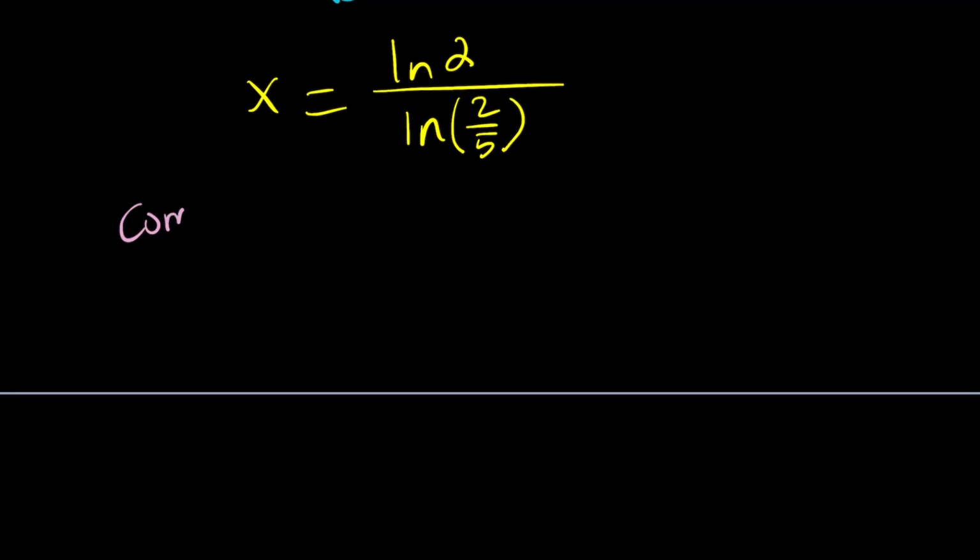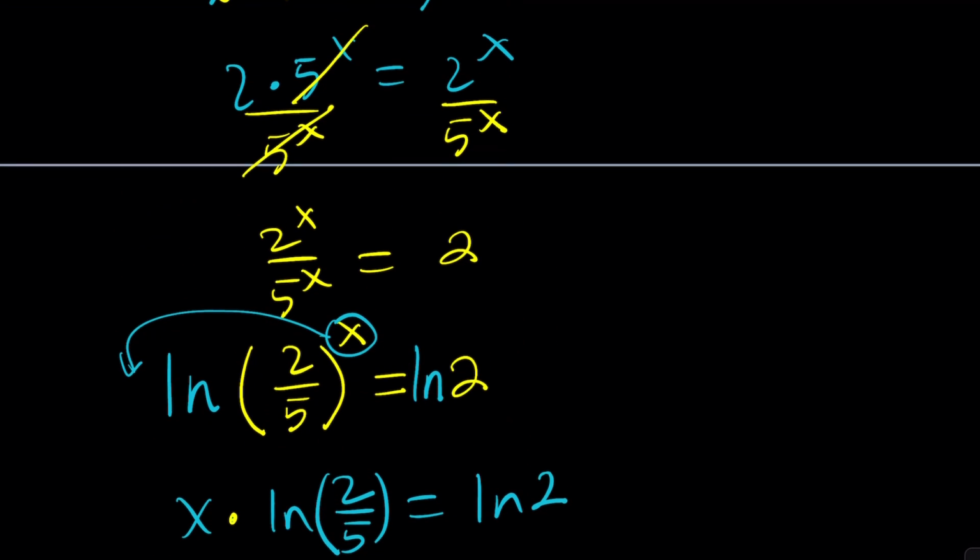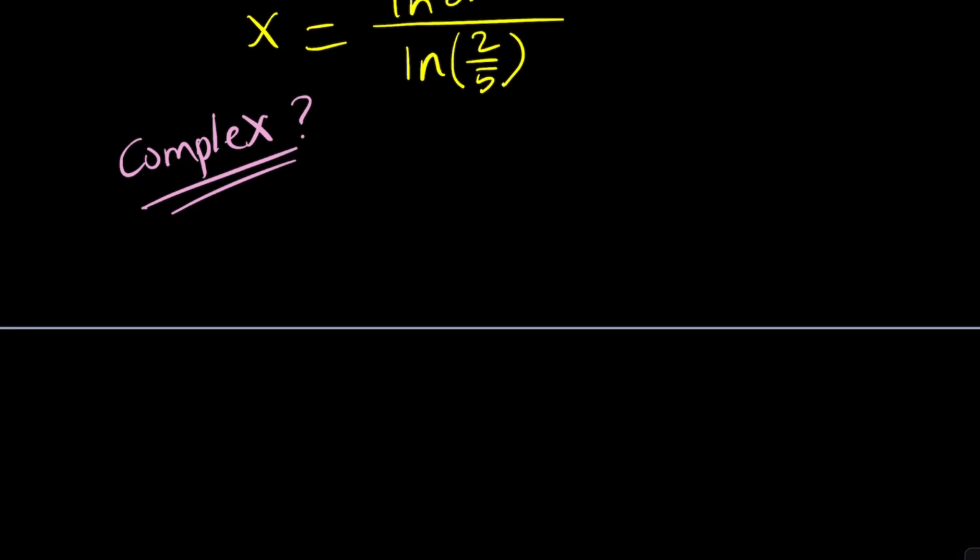So to find complex solutions, we need to complexify one of the sides. So remember, we had this expression right here, 2 over 5 to the x. That's where we were left off. Equals, what was it equal to? 2. Okay, right? Now, to complexify, why did I say only complexify the right-hand side?